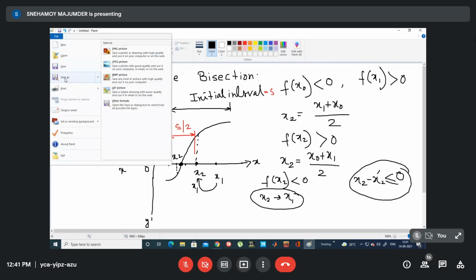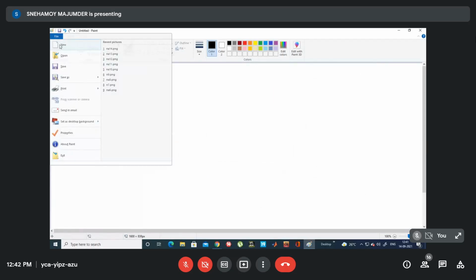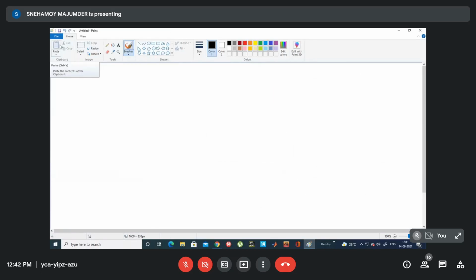Another one for today is the Newton-Raphson iterative method, second.